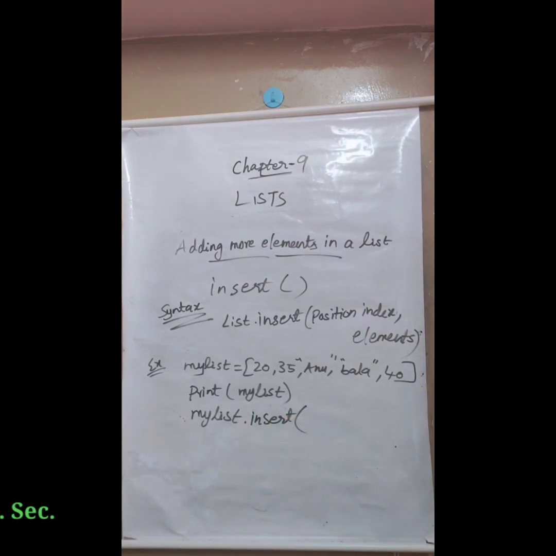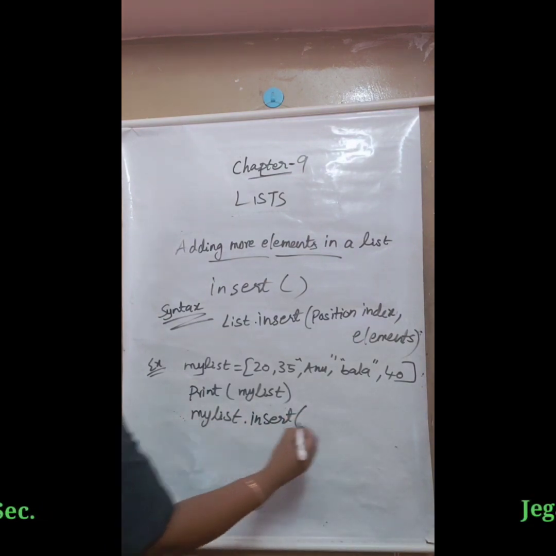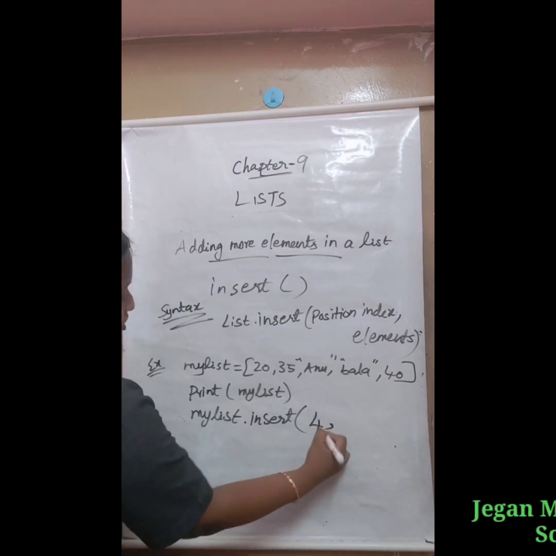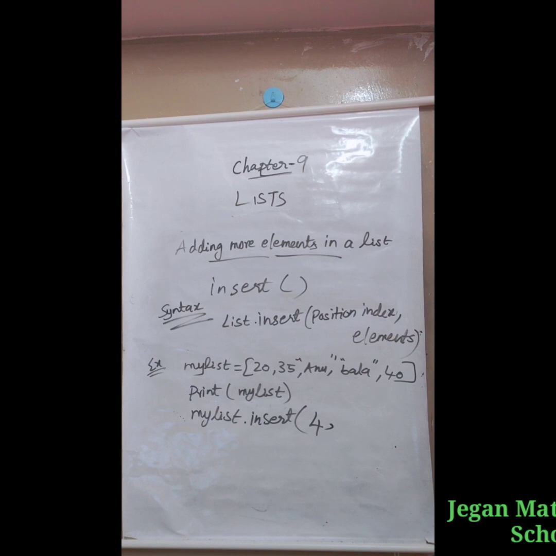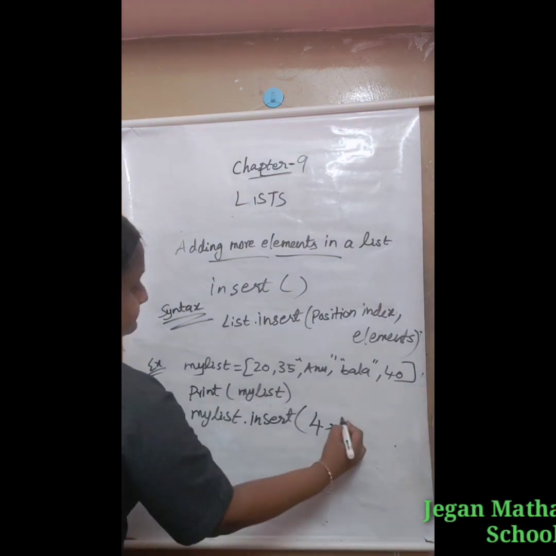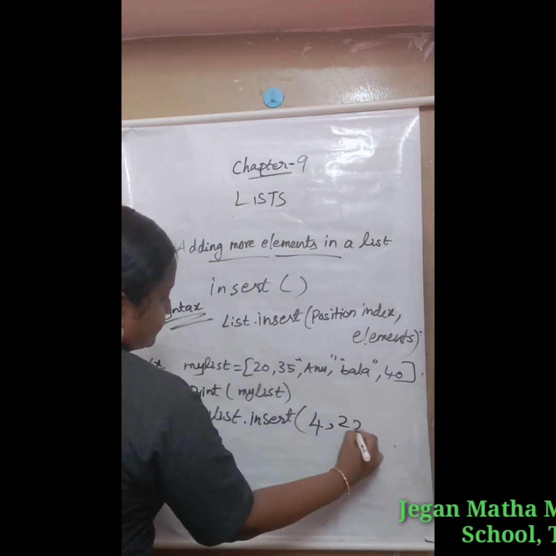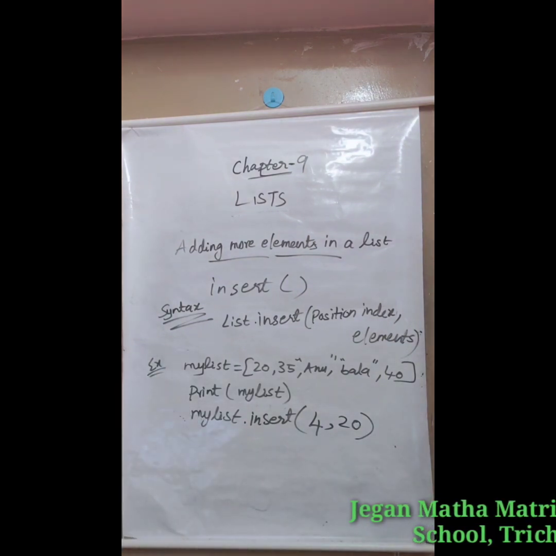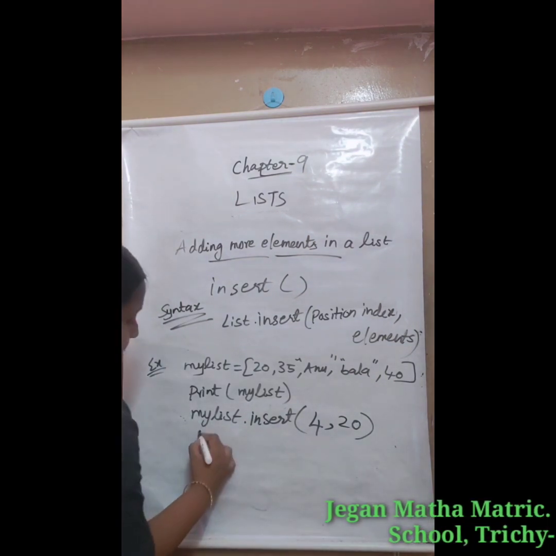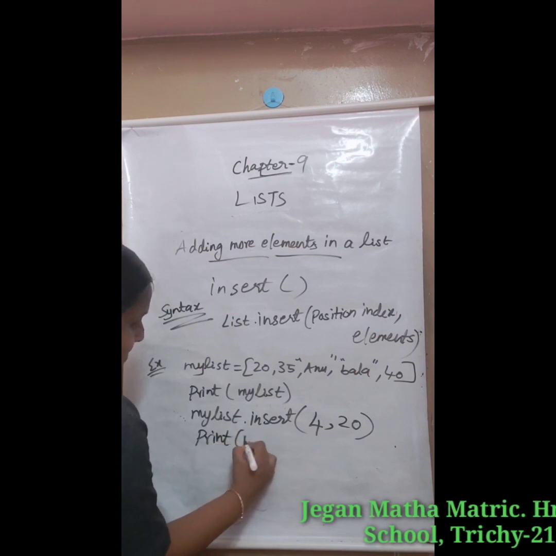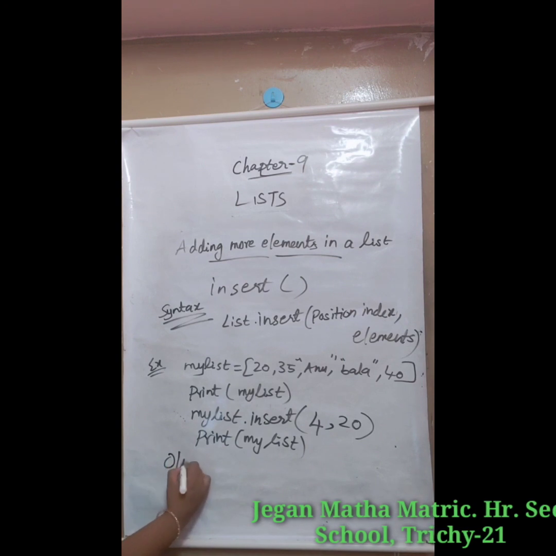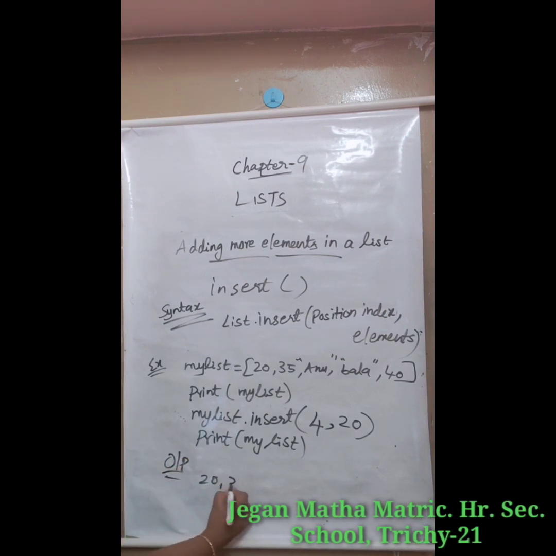So here first we need to specify the position. So here I am going to add at the fourth position the value 20, and after this again just print mylist. So the output of this program is 20, 35.